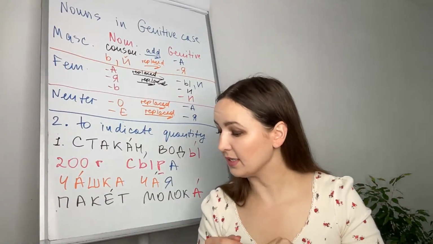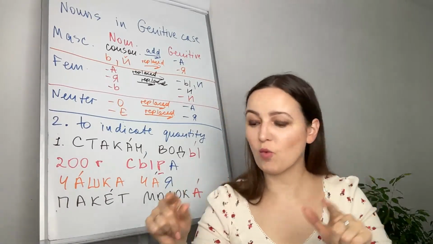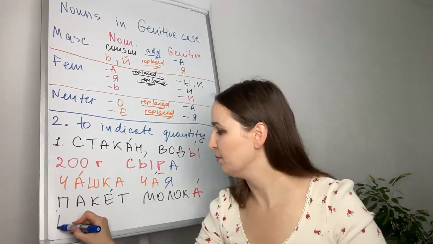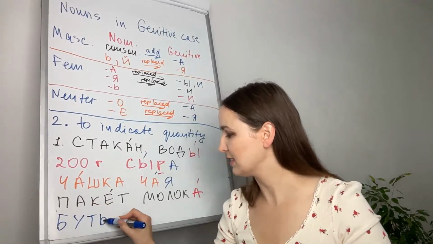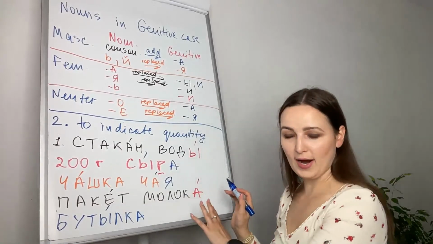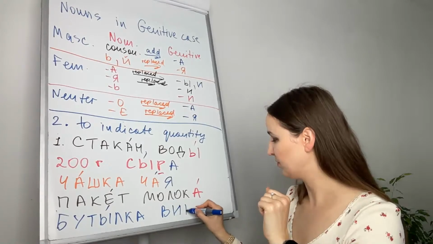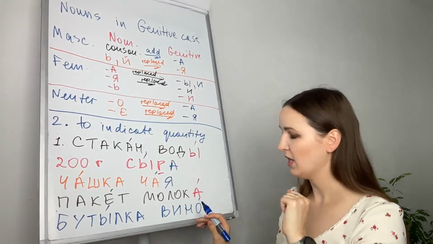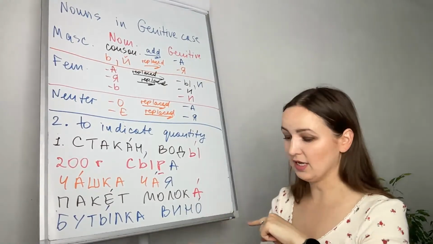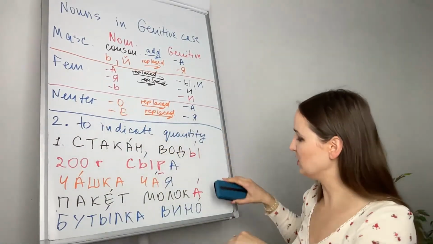Another example, let's say a bottle of wine. Бутылка of wine. So I indicated the quantity. Вино is wine, вино. It is neuter because it ends in o, and neuter o will be replaced with a.